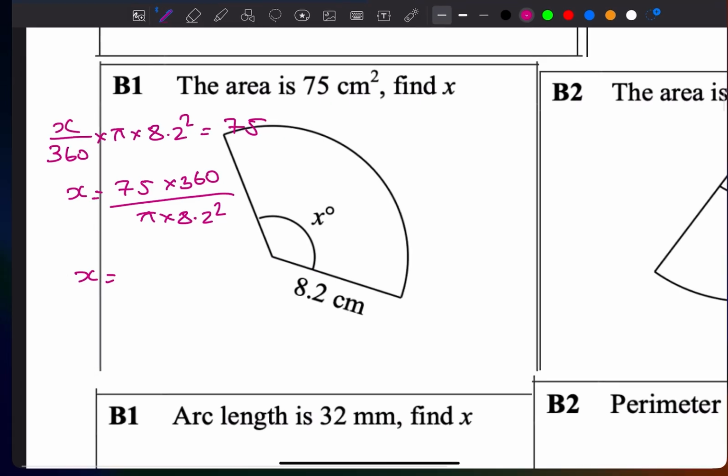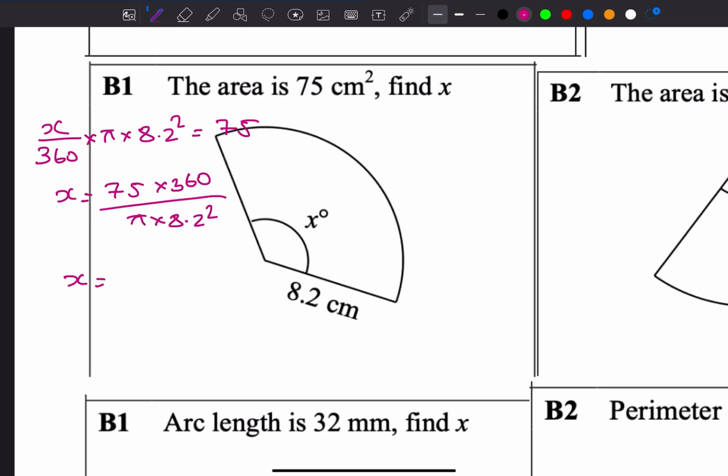It will give you 127.8 to 1 decimal place, and 3 significant figures is 128. Normally if you see these questions, most of the time they might ask for 1 decimal place, but 3 significant figures is there, and the 1 decimal place is here if you want.